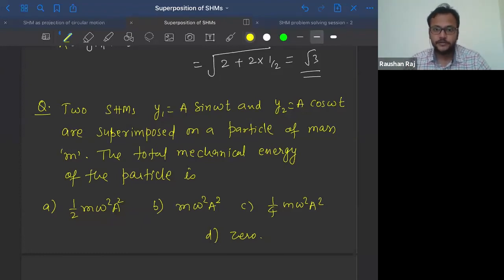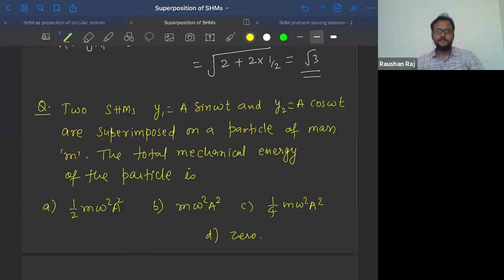Guys, come on, solve this. Okay, how many of you remember the formula for total mechanical energy? Click yes if you remember the formula, click no if you don't remember the formula. How many of you remember the formula for total mechanical energy of a particle undergoing simple harmonic motion?